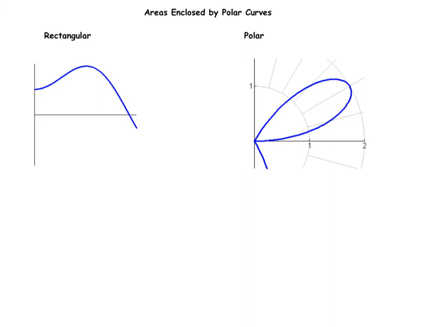Now, if you remember, when we were trying to find the area underneath the curve in rectangular form, the way we did it was we realized that we really only know the area of a rectangle. Fundamentally, that's the only area formula we all sort of know. And so what we did was we said, okay, let's break up this region into a bunch of rectangles.